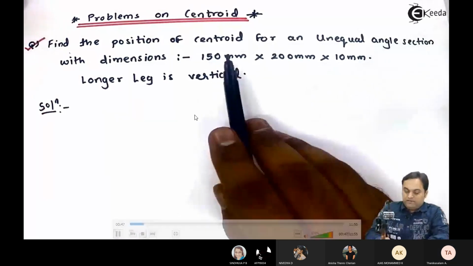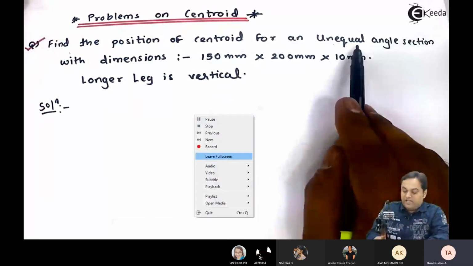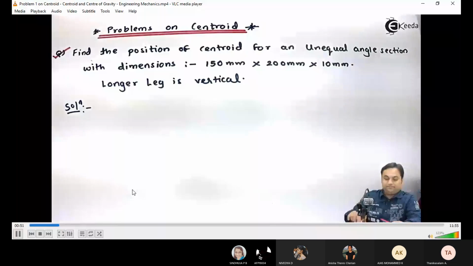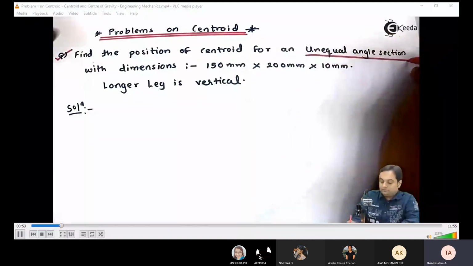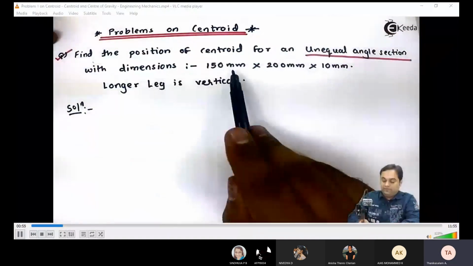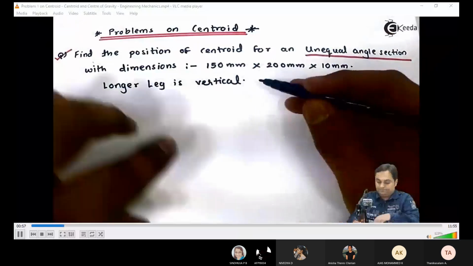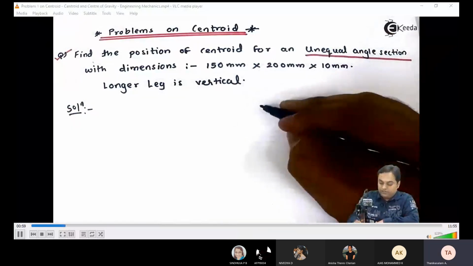So the angle section is given. It is unequal angle section. And the dimensions are given. So I draw the unequal angle section first.